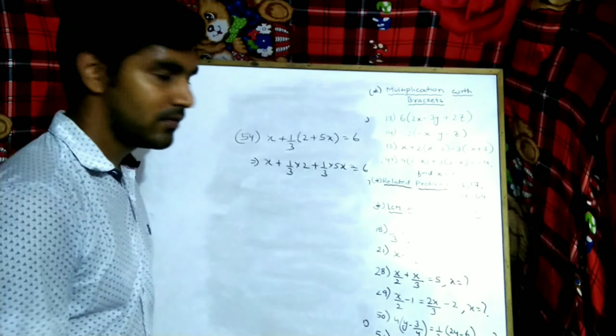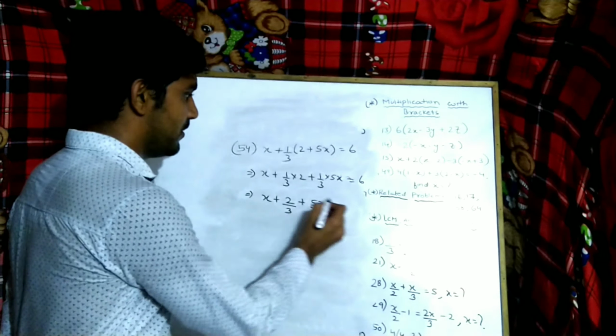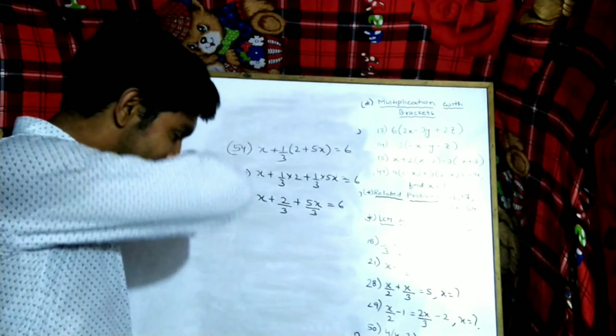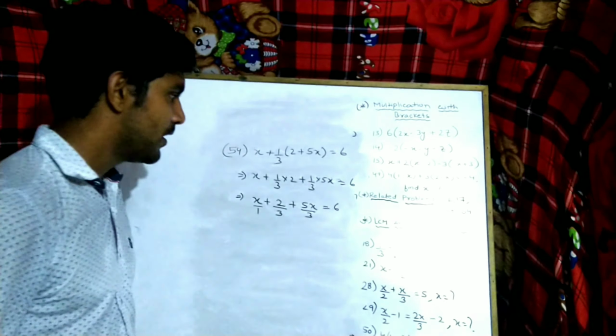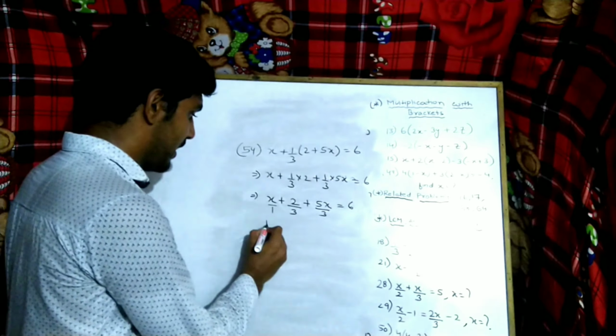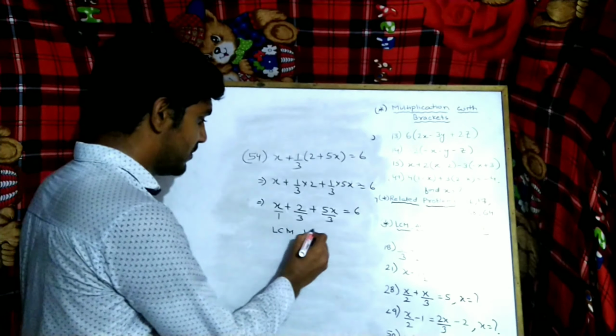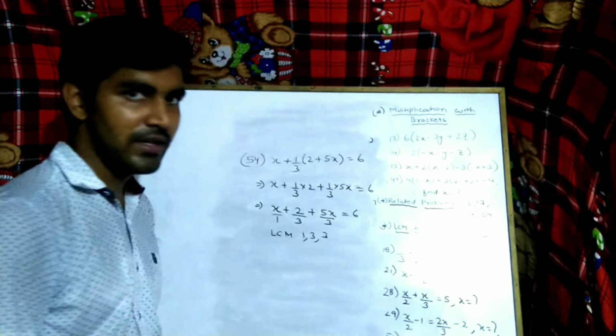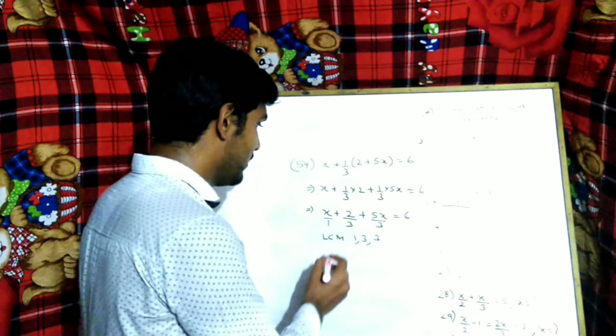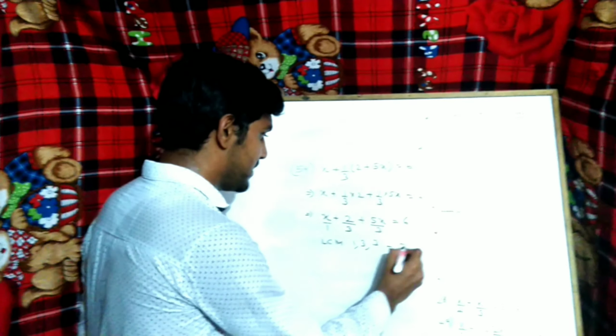That's it. Multiply: x plus 1 into 2, 2 by 3, plus 1 into 5x comes 5x by 3, is equal to 6. Now you have to take the LCM of 1, 3 and 3. What is the LCM of 1, 3, 3? It will be 3. So now LCM is 3.